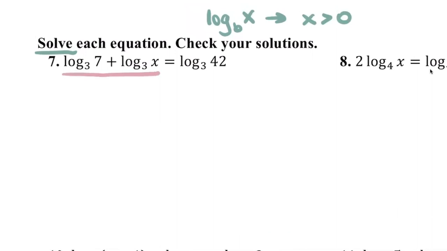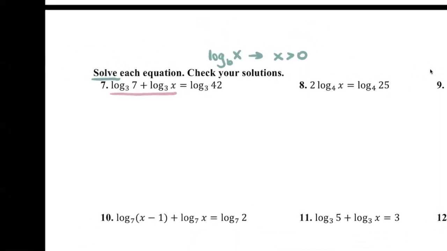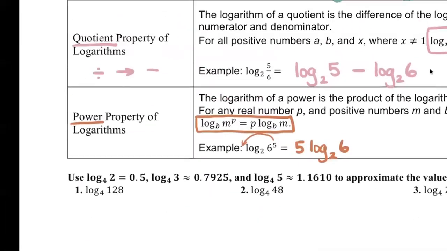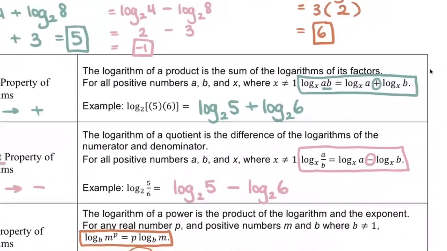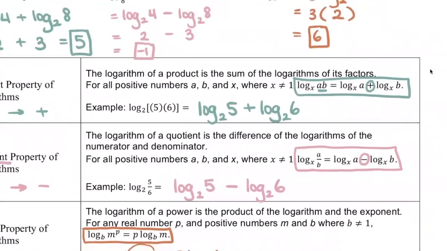the same base, and they're being added. So if I go back to my properties here, if I have 2 logs being added, I can actually go this way, right, and make it into one single log. And what I notice is if it's being added, I need to multiply to combine it into one log.